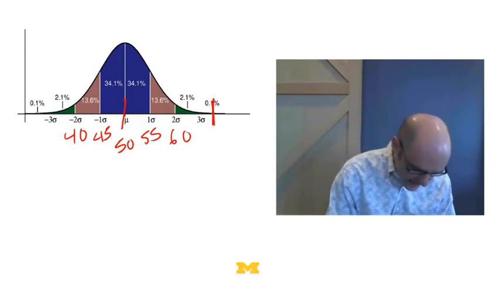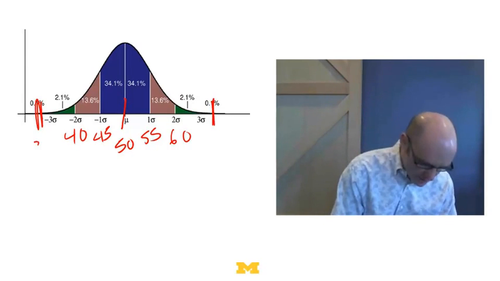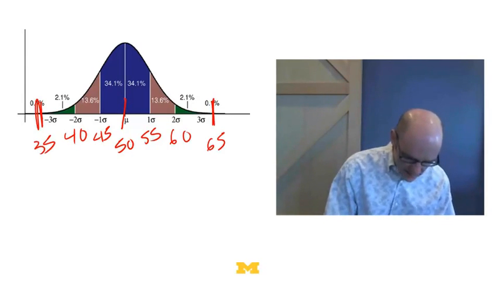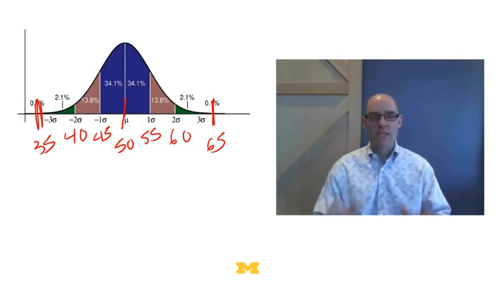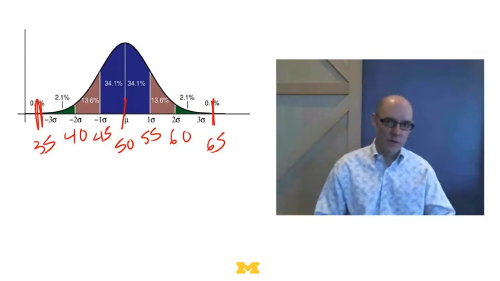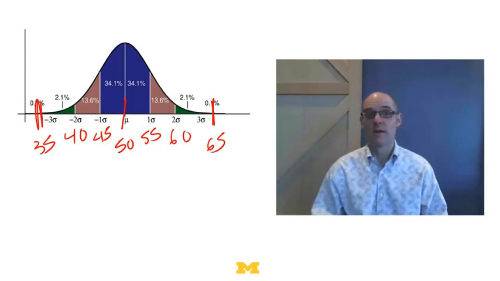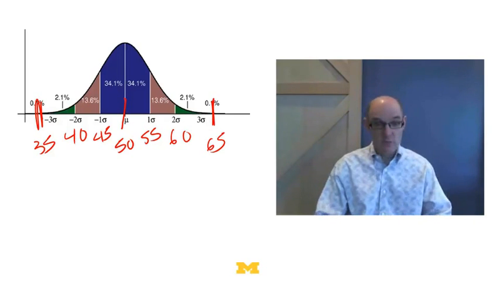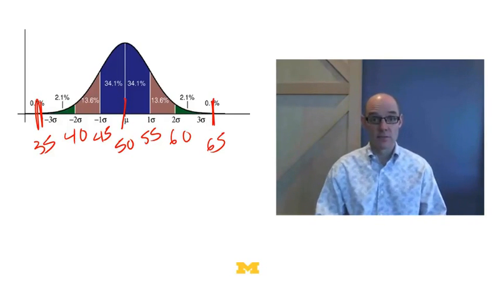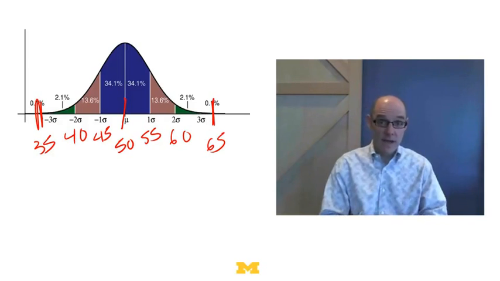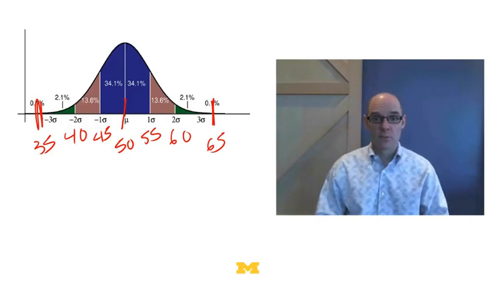And 99% of the time, you're going to be between 35 and 65. So it basically means you're almost never going to throw fewer than 35 heads and never throw more than 65 heads. And so this is the power of that central limit theorem, right? It gives us a sense of not only the average, but also what the spread will be.